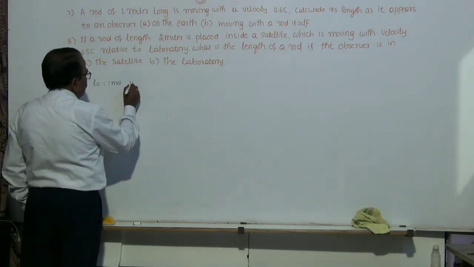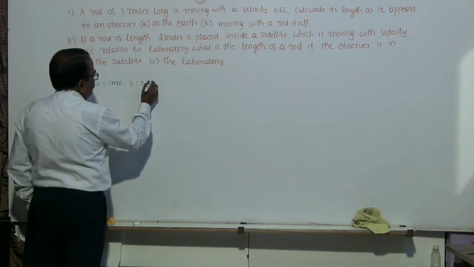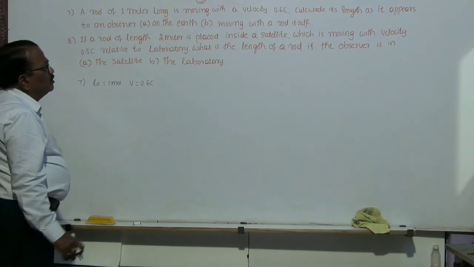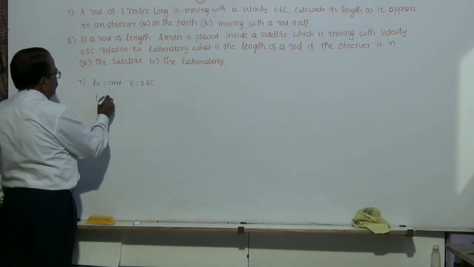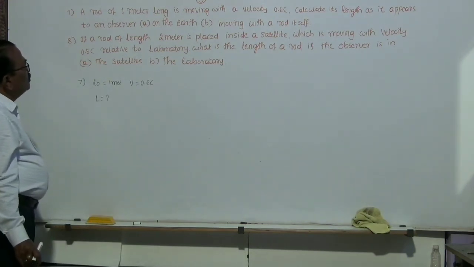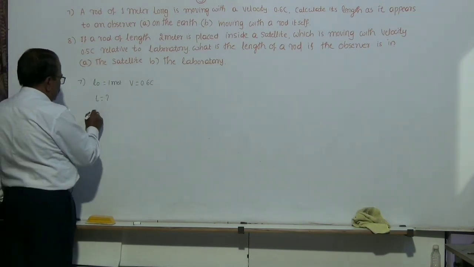That means velocity v of the rod is 0.6 c. Calculate its length. L is what? As it appears to an observer A on the earth.